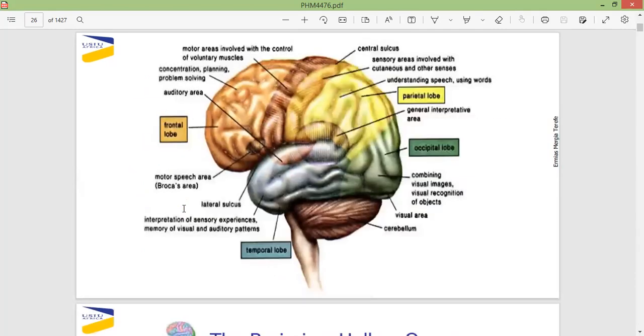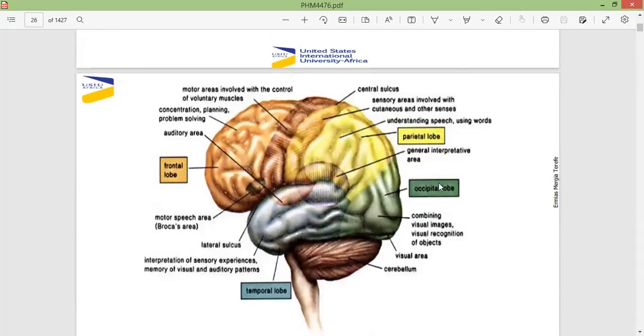The occipital lobe is where you see. So when you're hit in the back of your head, you see stars, right? That's a funny way of remembering it. I sent a diagram on the group chat, which also summarizes the lobes and their different functions, so you can have a look at that.